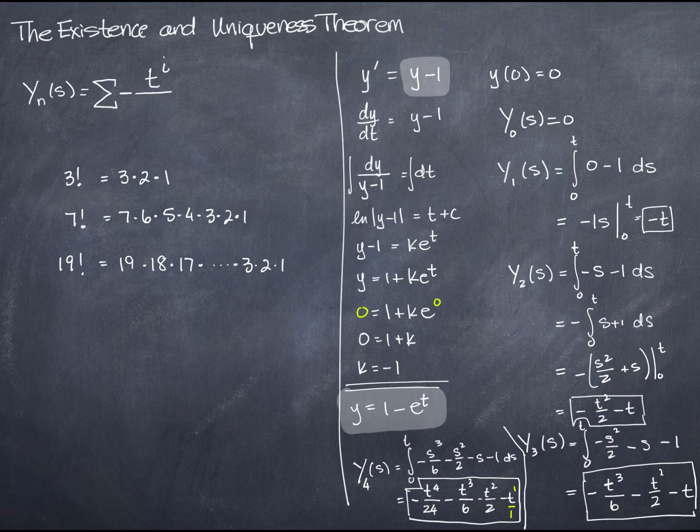The point is we're trying to find a way to write not the first or second or third or fourth answer we get, but the nth answer. And so we don't know how many times we're going to have to do this. We need to find a way to write this number as a product of numbers related to the exponent. So here I have 1, which is the first number.